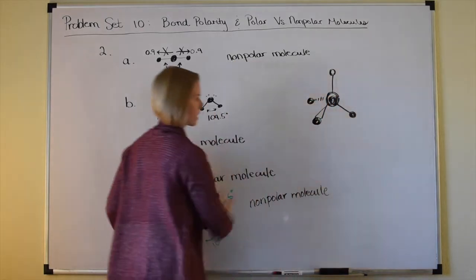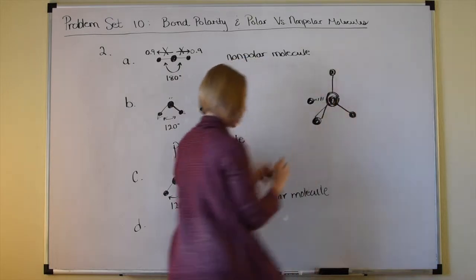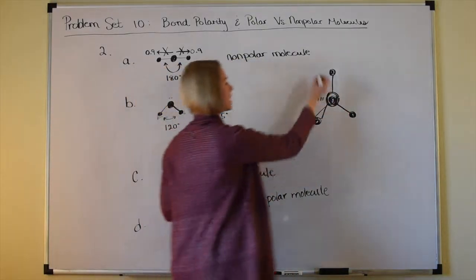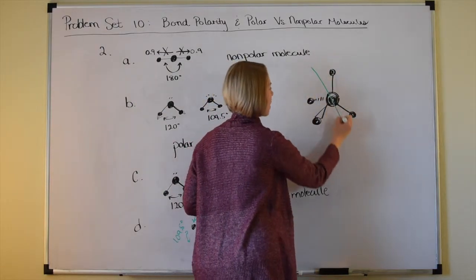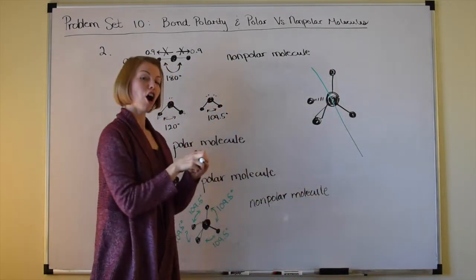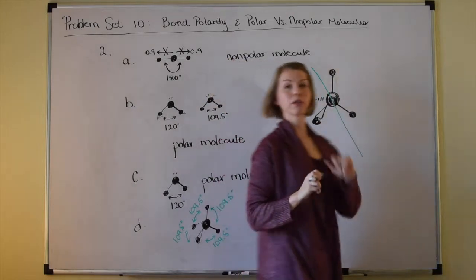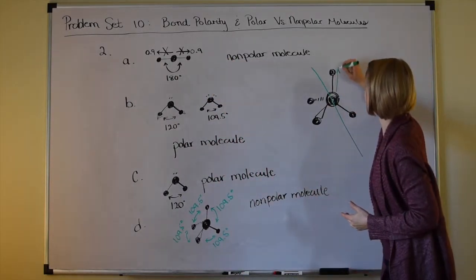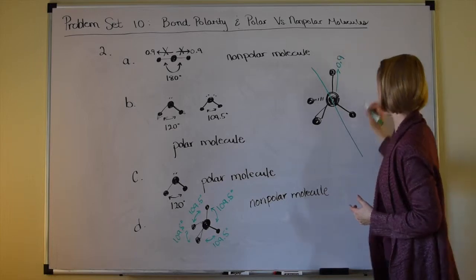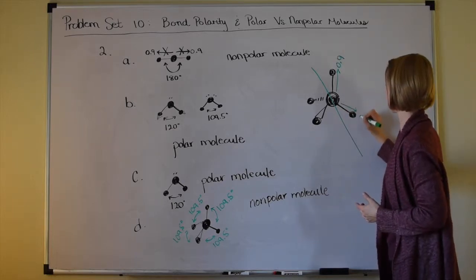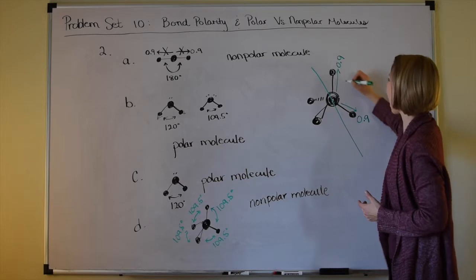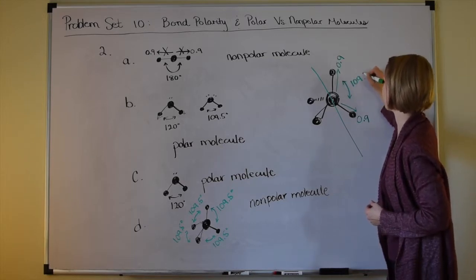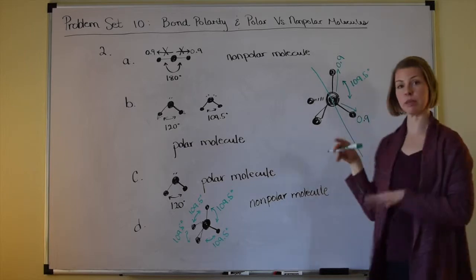I like to think of the molecule as being split in half. And on this side of the molecule, I have, in this case, a magnitude 0.9 and another magnitude 0.9 at an angle of 109.5 degrees in three-dimensional space.